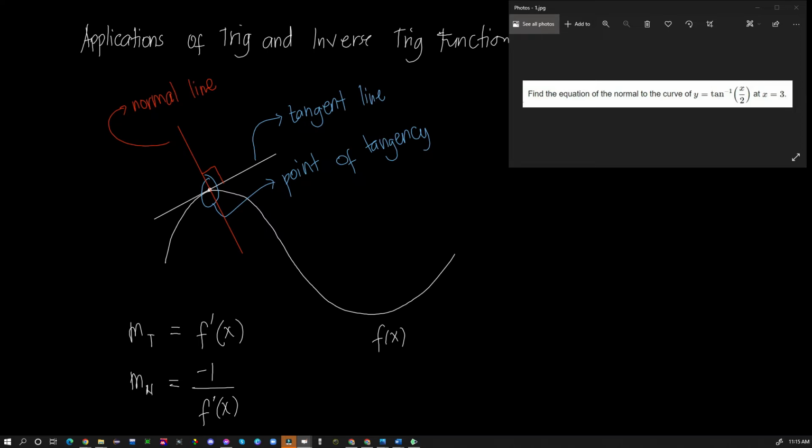Okay. Most of the applications are geometry related, no? I'll insert trigonometry there, but mostly it is related to geometry.